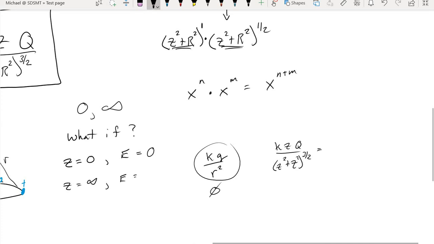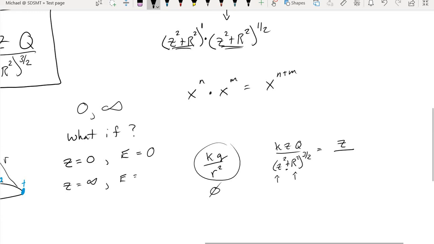In the numerator, we have a z to the first power, and if we're allowing z to go to infinity, then the value of r doesn't really matter in this summation.